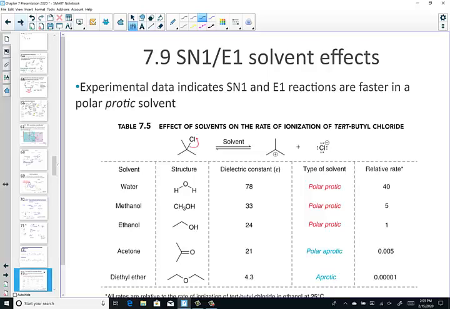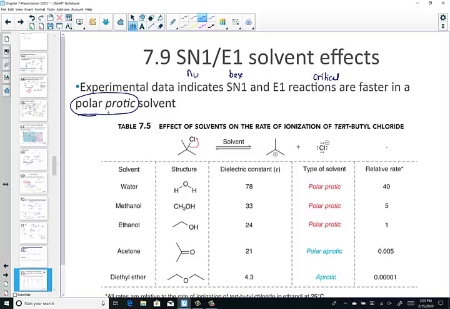When we consider nucleophilic substitution, unimolecular, and elimination reactions, unimolecular, we also need to consider the role of the solvent. And remember, the solvent acts as the nucleophile for a substitution, and it acts as the base in the elimination. So the selection of the solvent is critical. In order to promote unimolecular reactions, we want to use a polar protic solvent.